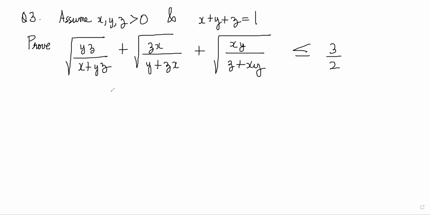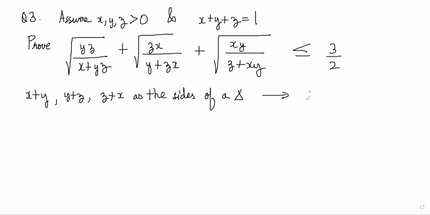Now what we will do here is, we know that x, y, z are all positive. So what we can do is use x plus y, y plus z, and z plus x as the sides of a triangle, and that helps us convert this algebra problem into a geometry problem, right?